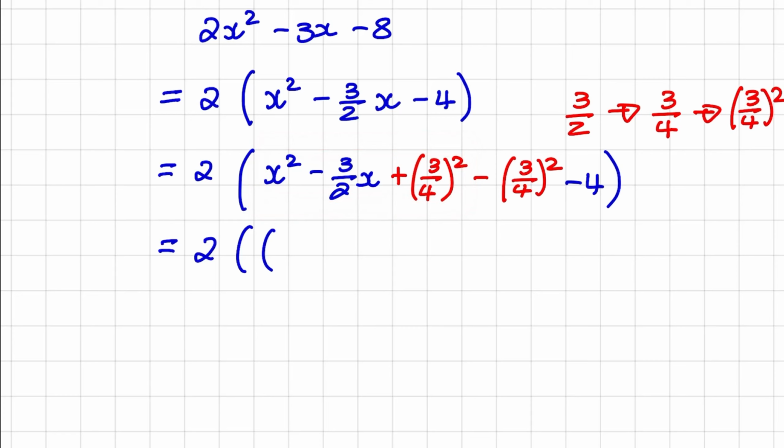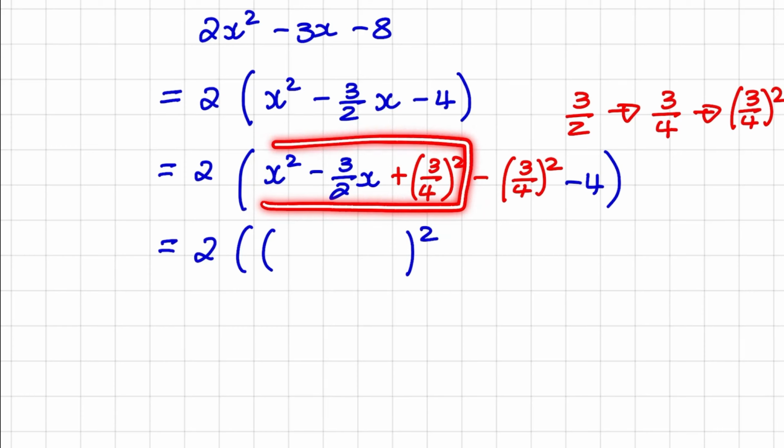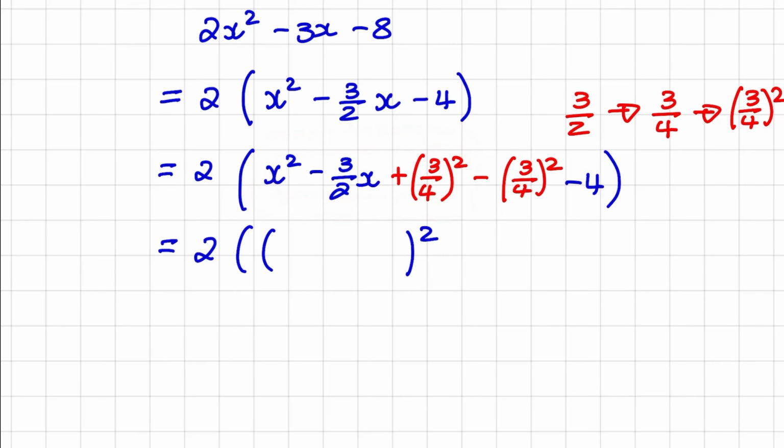We are going to have a bracket squared because these three terms are a perfect square. Then, in order to find the first term, I ignore the square of x, and the first term would simply be x. Then, when I factorize, I can take the negative of the second term, so that is negative, and then I simply take 3 over 4, not with the square, as my last term. So that is 3 over 4.